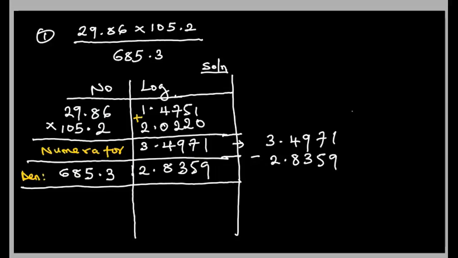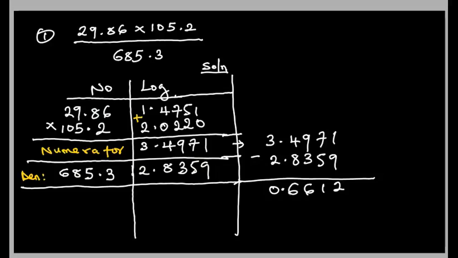So these are the values of the log. Let's now subtract it. When you subtract 3.4971 minus 2.8359, we get 0.6612.